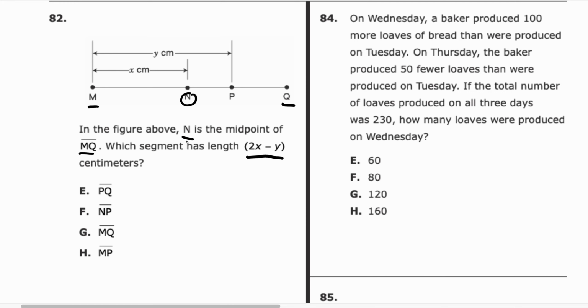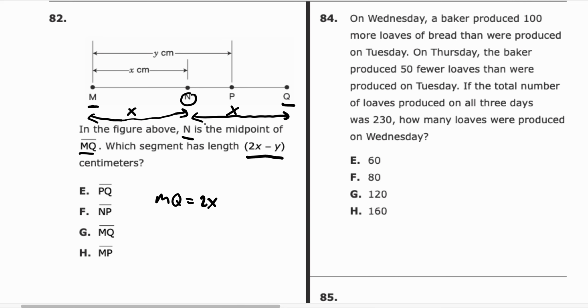Okay, so if x centimeters is the length of MN, and we know that N is the midpoint of MQ, this would be length x, this would be length x, so we know that therefore MQ would have a length of 2x.